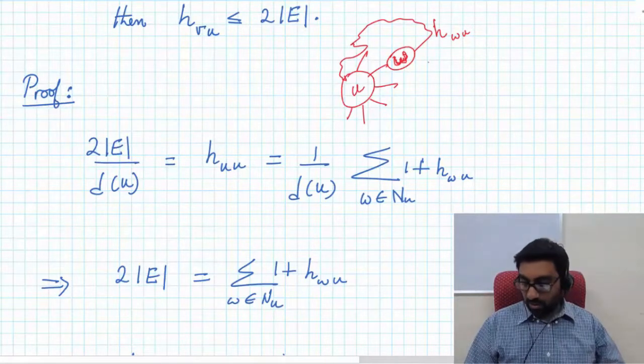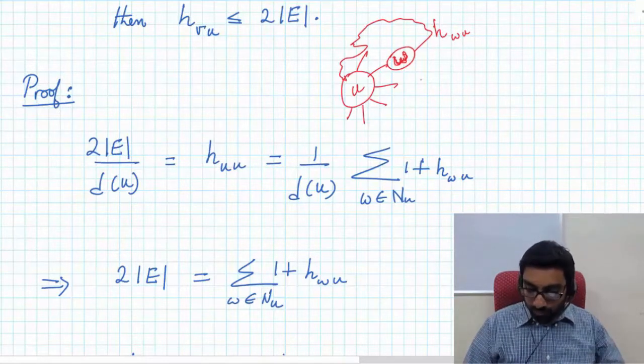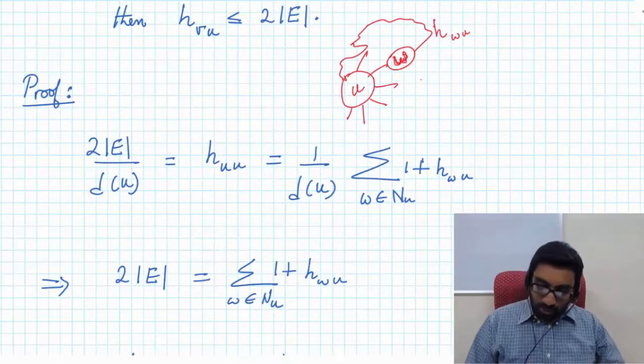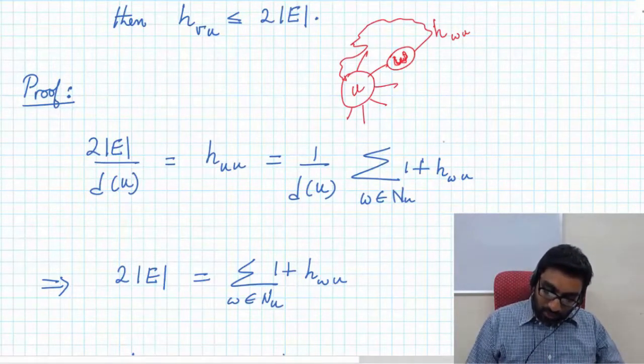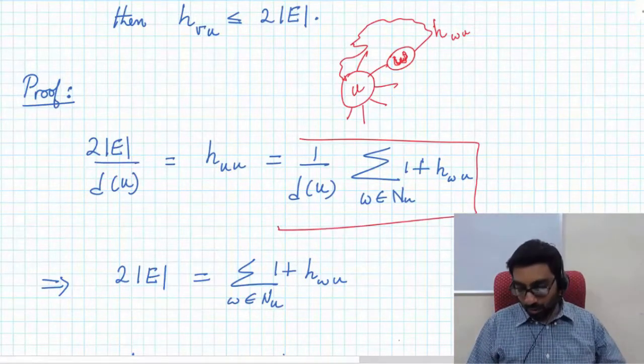But then that's just the option of going to w. Using the law of total probability, we can sum this up over all neighbors of u, and as a result, we get this quantity. So it's a summation over all the neighbors w.